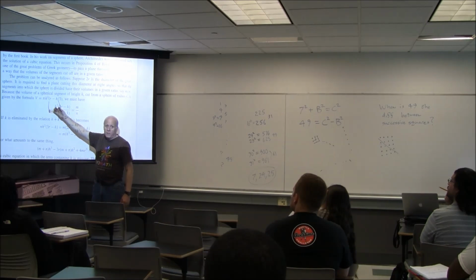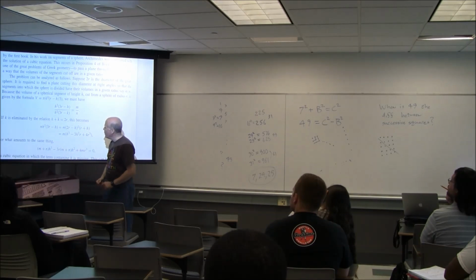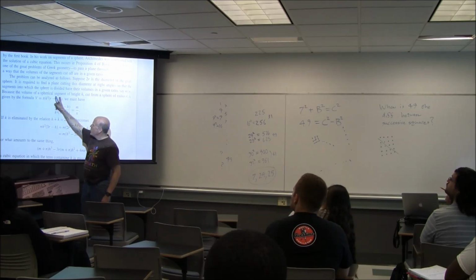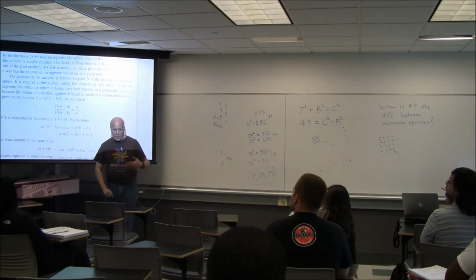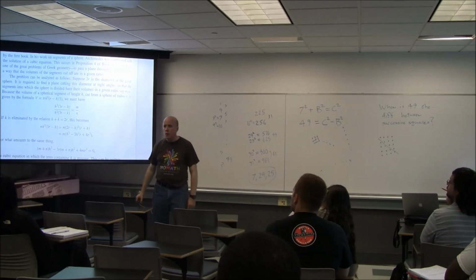The quick way to derive it is a Calc 3 surface of revolution type integral. I'm not going to, but that's the formula. You can check it. What degree polynomial is that if you think of h as the variable? 3.